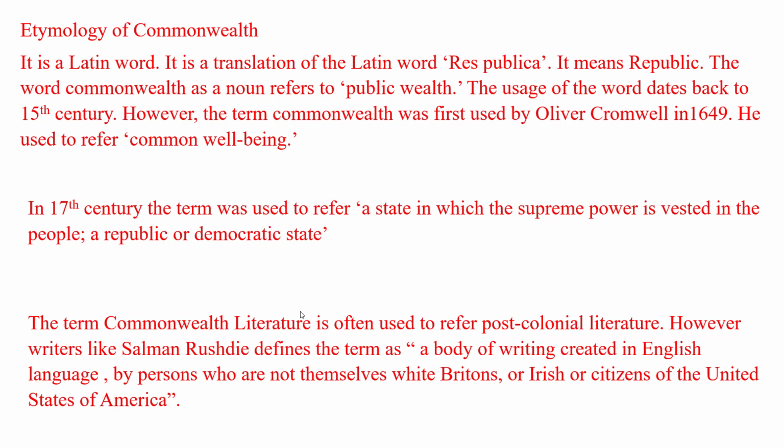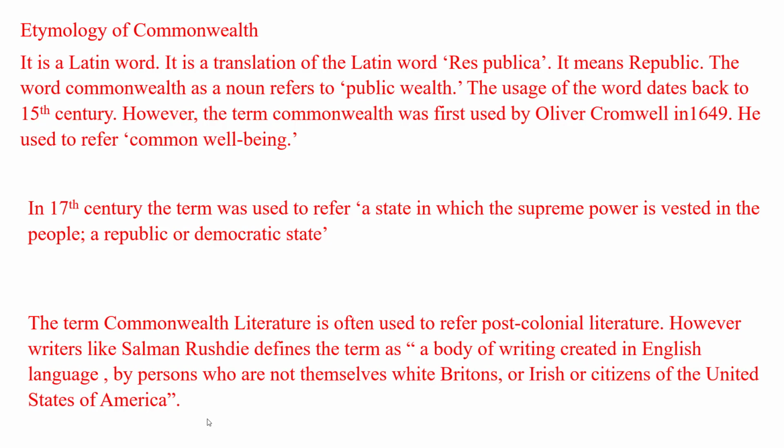Later, after getting freedom, when it became a post-colonial country, the literature written in English was called post-colonial literature. However, writers like Salman Rushdie define the term as a body of writing created in English language by persons who are not themselves Britons, or Irish, or citizens of the United States of America.